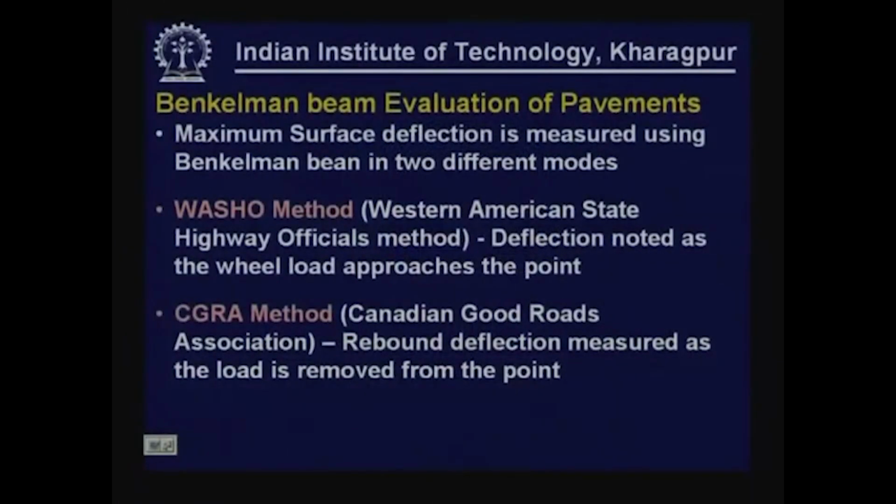When the wheel load is right on the point, the maximum deflection will be observed. In the other procedure, initially the wheel will be at the point, and then we note down the initial deflection reading. As the wheel load moves away from the point, we see the difference, and that is observed as what is known as rebound deflection. So this is the CGRA procedure, Canadian Good Roads Association procedure, in which we measure the rebound deflection as the load is removed from the point.